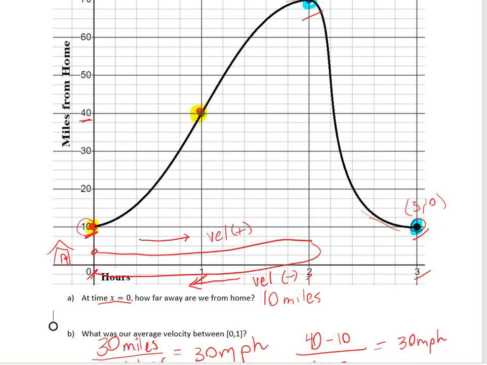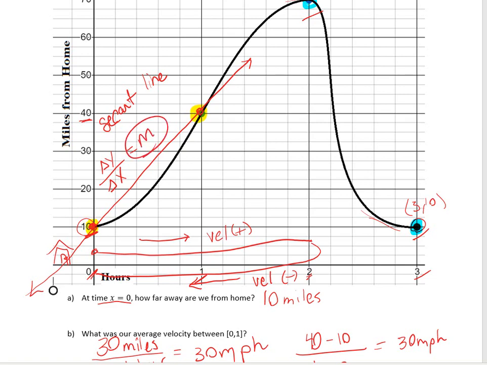Now if I connect those two dots, what I get is something called the secant line. Now, a line actually has an equation, and that equation is y equals mx plus b, but when I find the change in y over the change in x, what I actually found is the slope of that line.